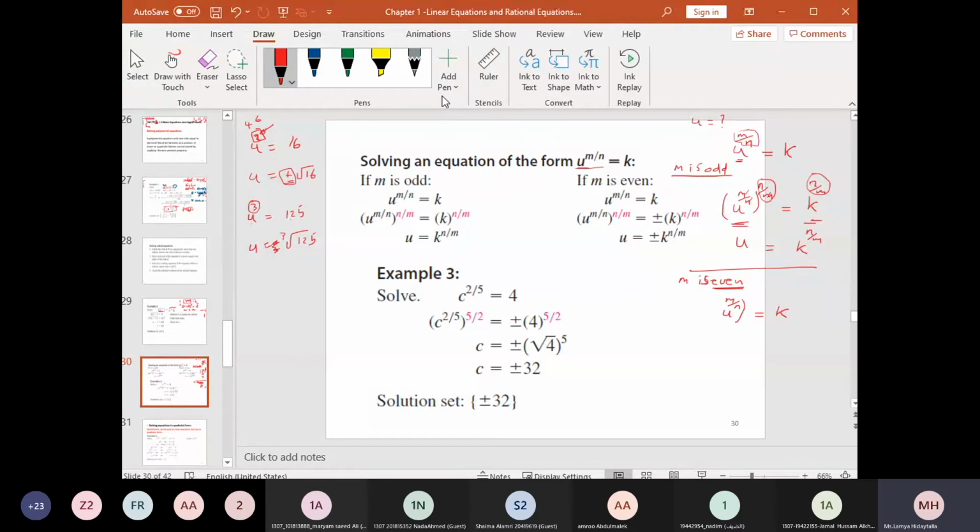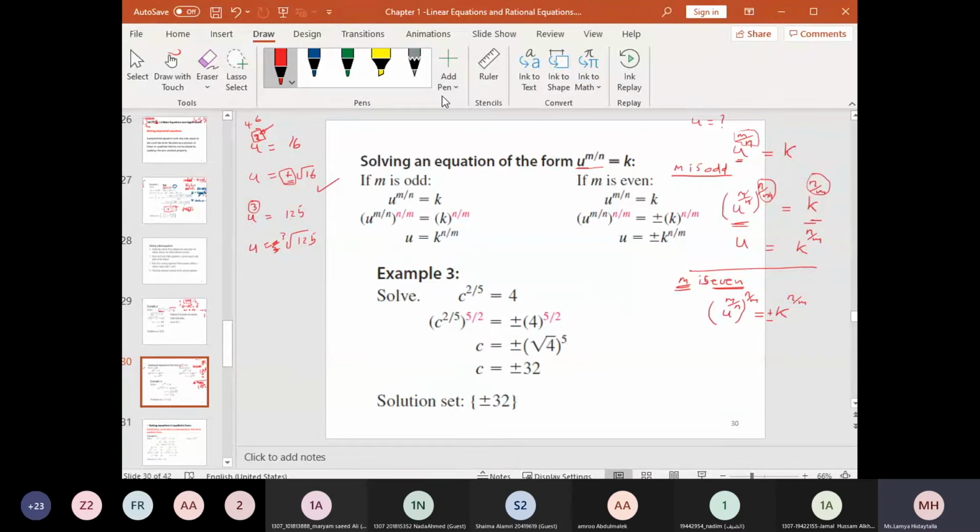Again, we raise it to the power n over m. And what we did in the left-hand side, we have to do it for the right-hand side, correct? But m is even, so I should put plus or minus, like what we did in the previous example. Is it clear?